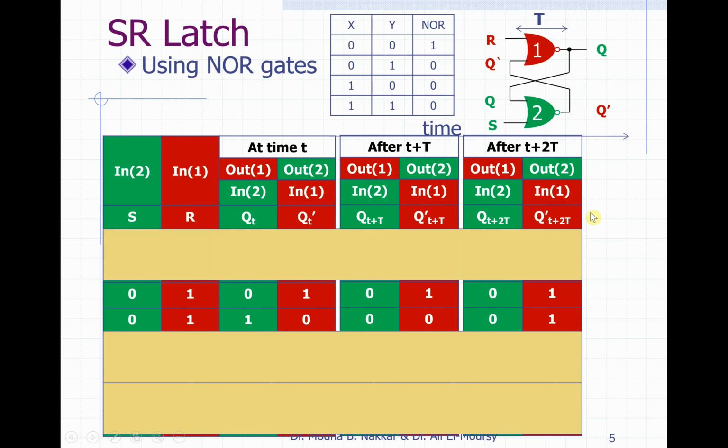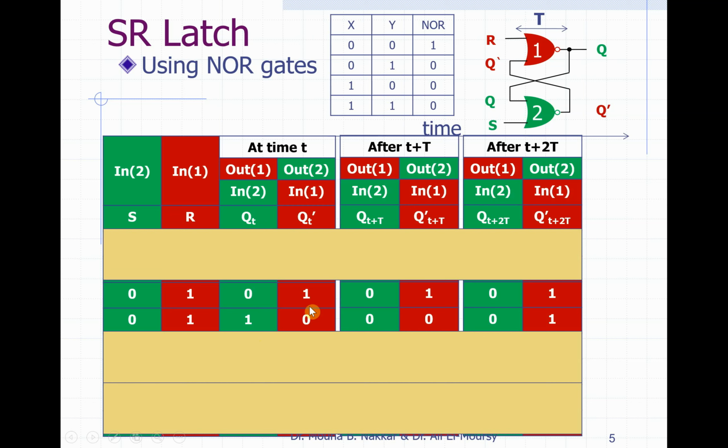Next is when I put S and R at 0 and 1. Again I have 2 values for Q, Q0 or Q1. When I have Q0, I end up with Q also 0, no change. But if originally the circuit is giving me the value of Q equals 1, this 1 after 2 tau will change to be 0.